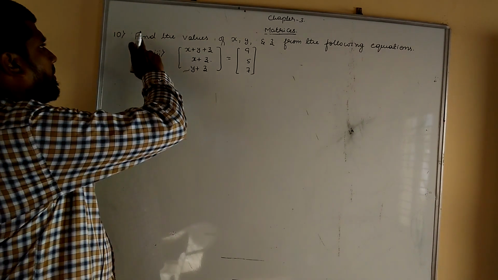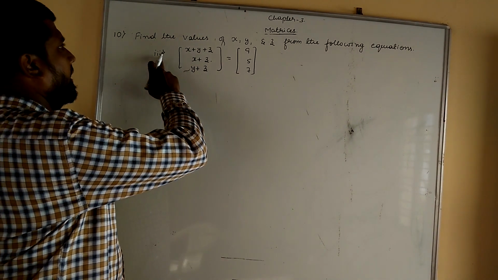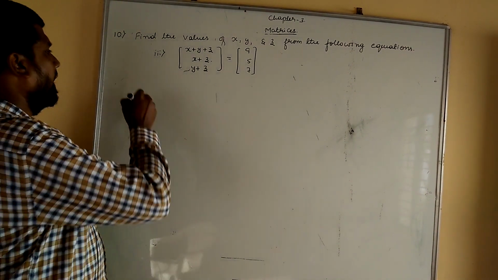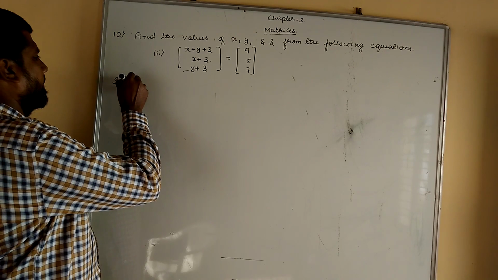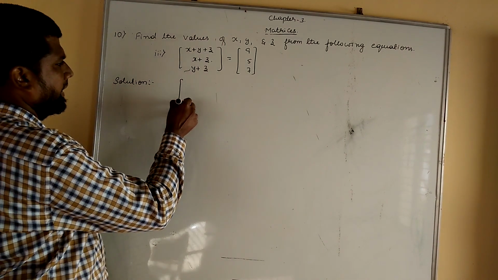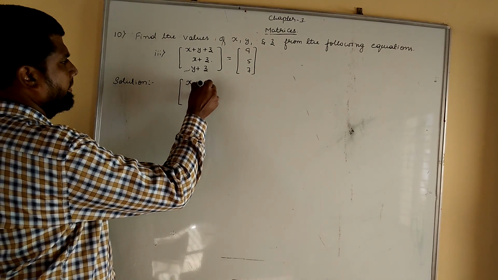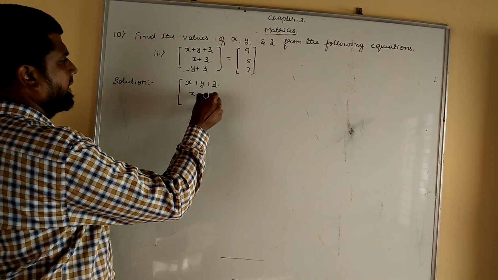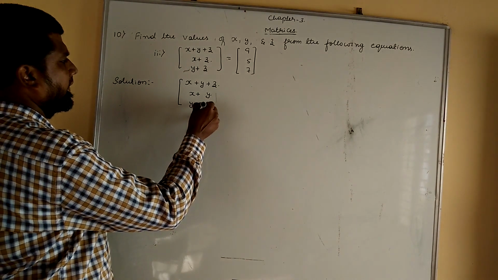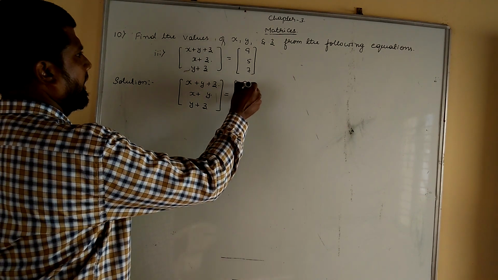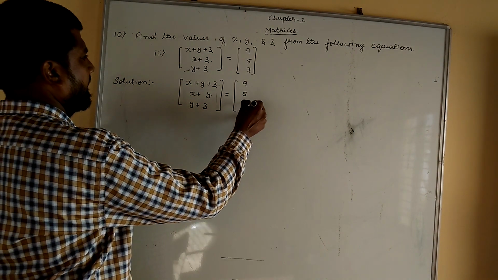In the 10th problem, there is a sub question 3. Find the values of x, y and z from the following equations. Let us solve this problem. Given the two matrices x plus y plus z, x plus z, y plus z, that is equal to 9, 5, 7.